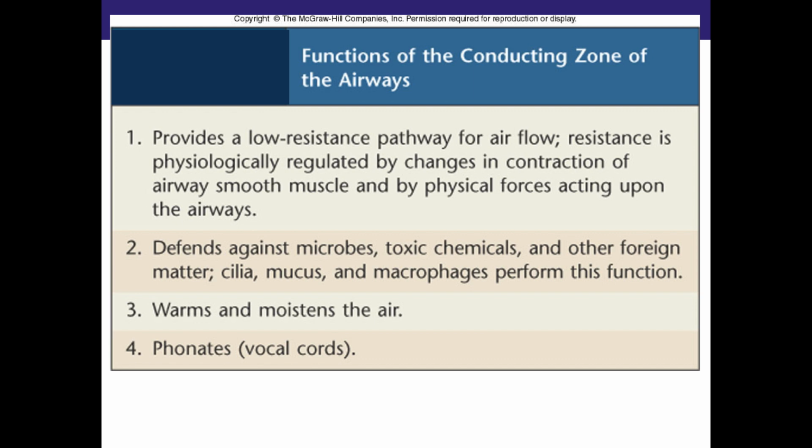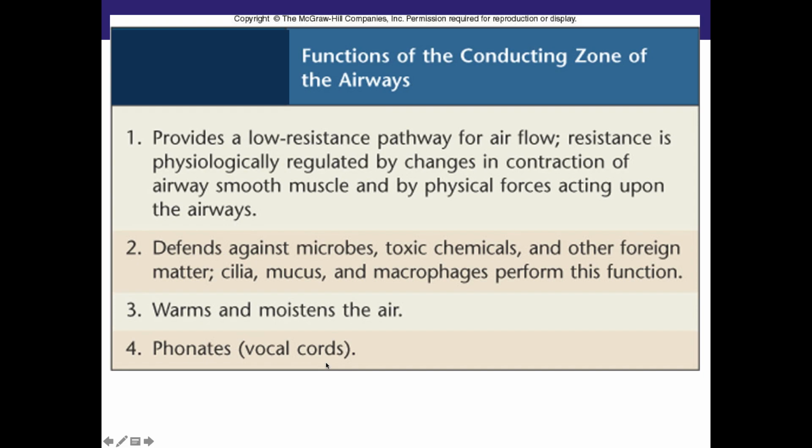So the function of the conducting zone is also to warm and moisten the air, and then we also talked about this as well. Phonation is the production of sound, right? You phonate, you're using your vocal cords to produce sound. So all these are functions of the conducting zone.